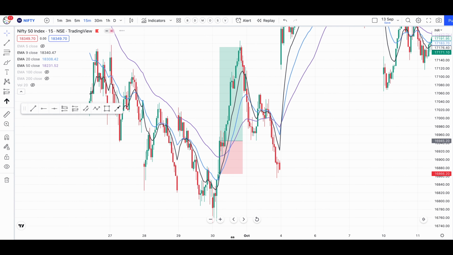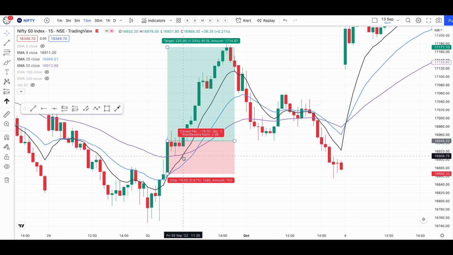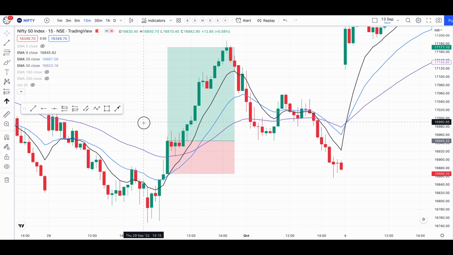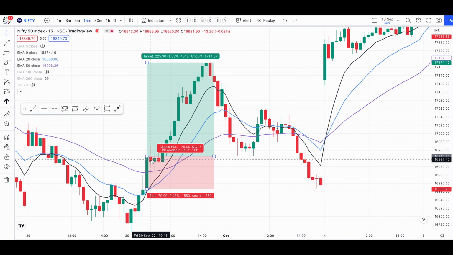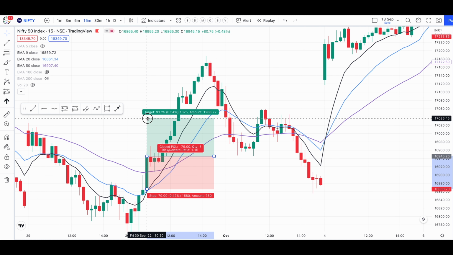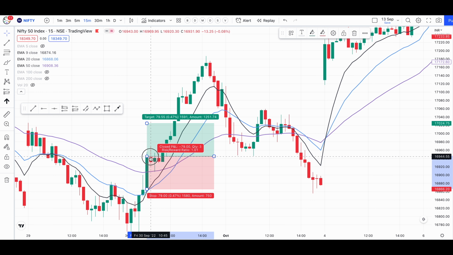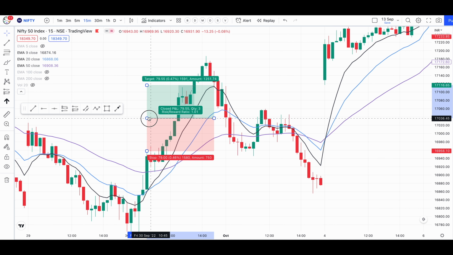Okay, so let me discuss over here. After about 10:30 you see that the same condition happened, because the previous candle had touched. Once you take an entry, the target is 79 points. Go for the next 79, which is your 1:1. After 1:1, move your target like this.